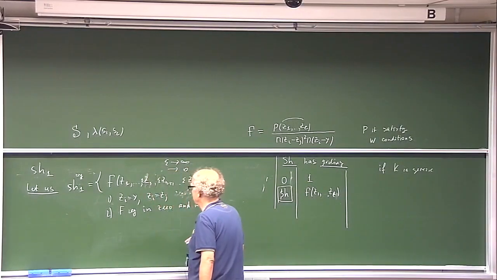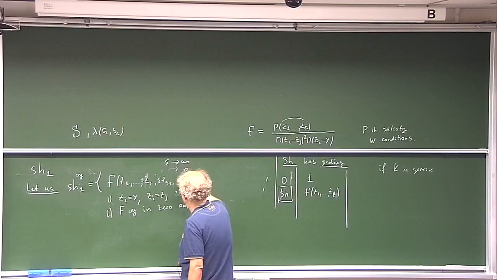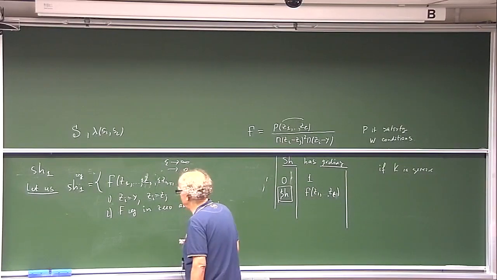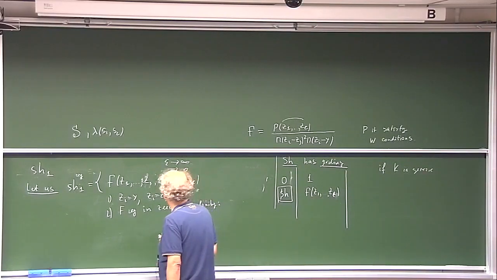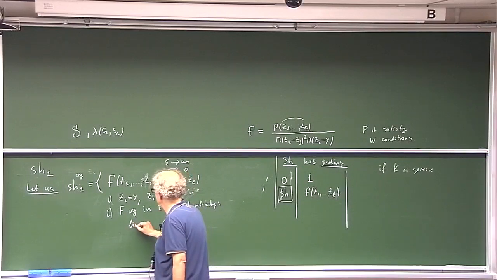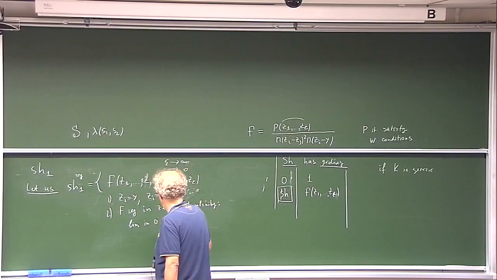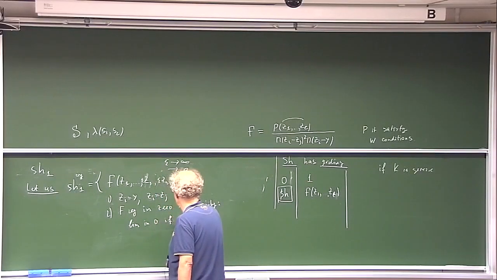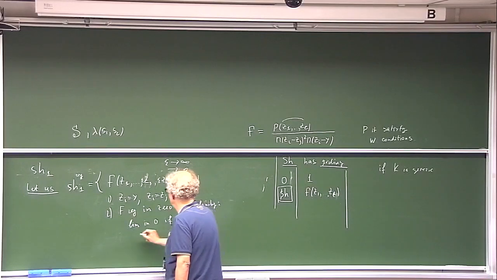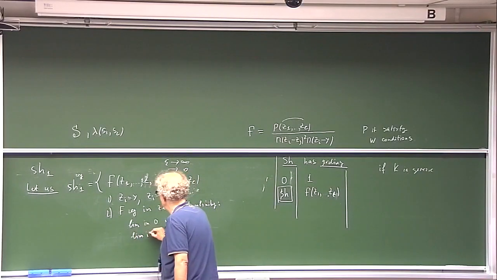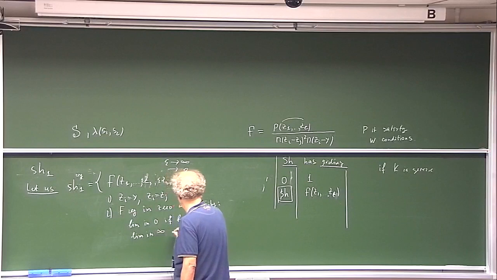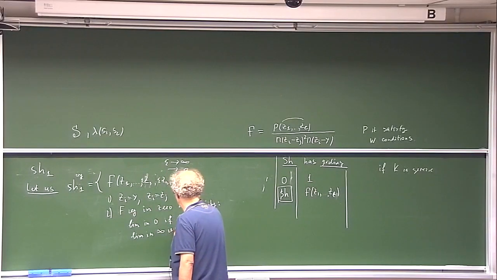And it has some condition at infinity and at 0, and by the way, yesterday I said that this condition is that the limit at 0 is finite, the limit at infinity is 0.